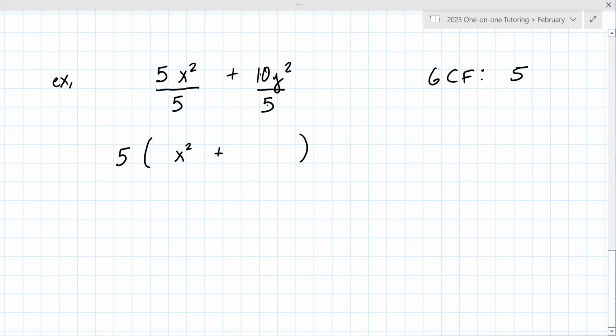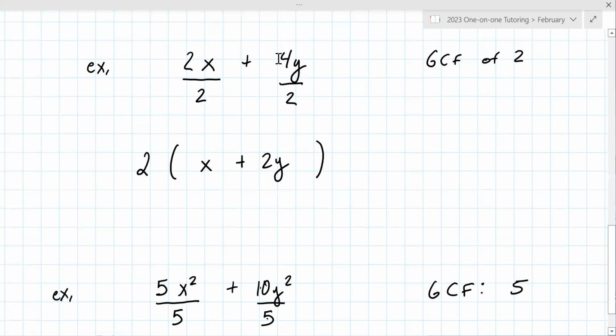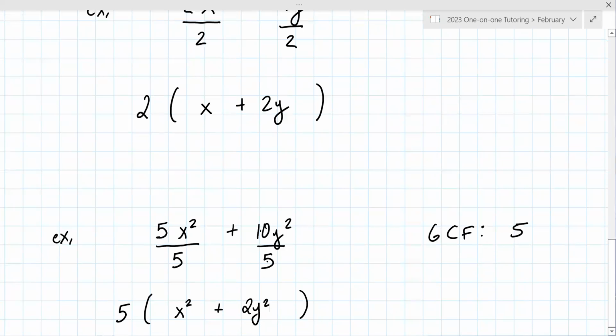So 10 divided by 5 is 2y squared. My bad, for some reason my brain thinks subtracting instead of dividing. Yeah, the fraction bar does mean division, and hopefully you'll see more of that in class. So for these 2 examples, you might think it's always just the smaller number, but that's not true.